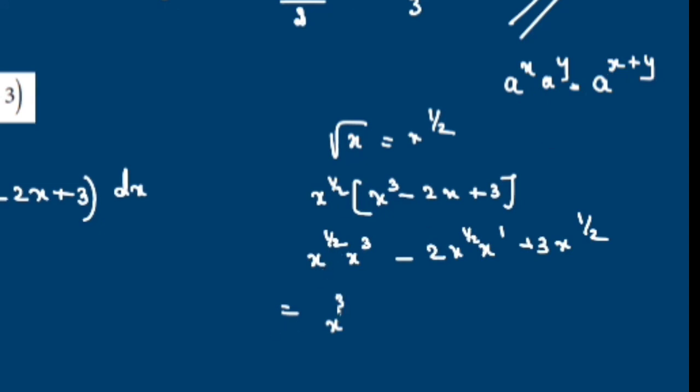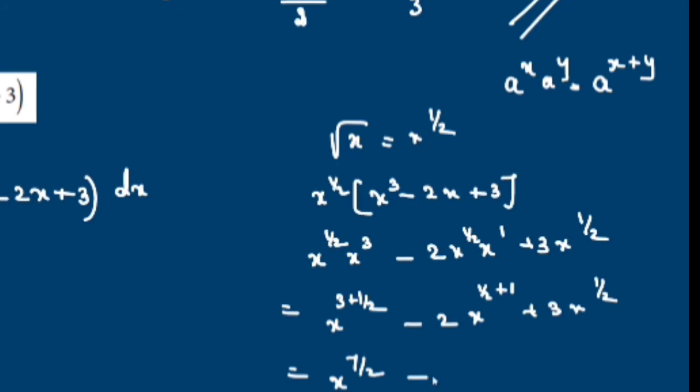So it is 3 plus half, and here also minus 2 x power half plus 1, plus 3 x power half. So this is equal to x power 3 into 2 is 6, plus 1, 7 by 2, minus 2 x power half plus 1 is 3 by 2, plus 3 x power half.